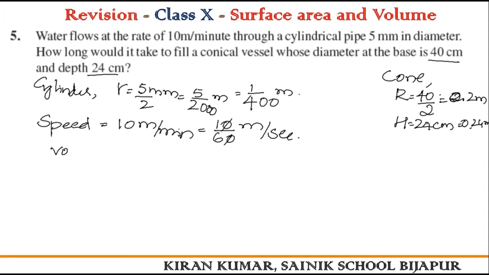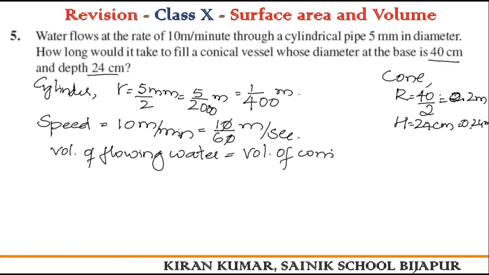So volume of flowing water equal to volume of conical vessel. We need to multiply area with the distance.